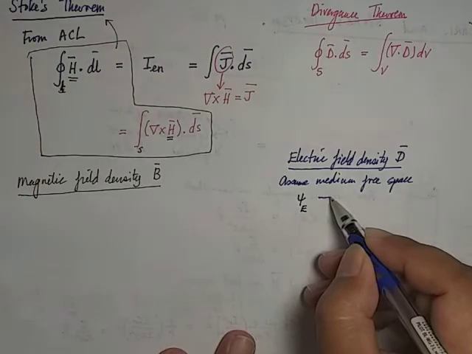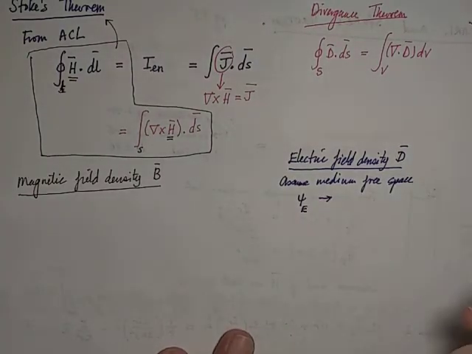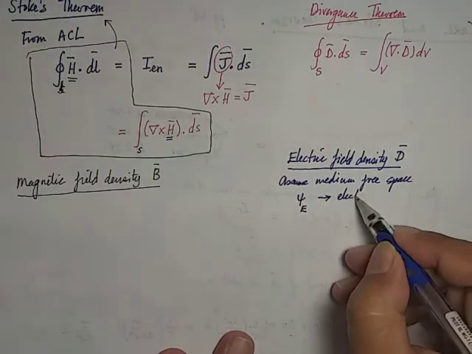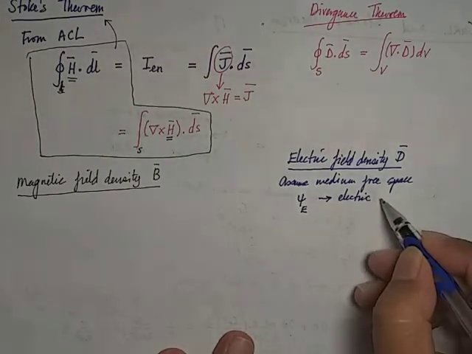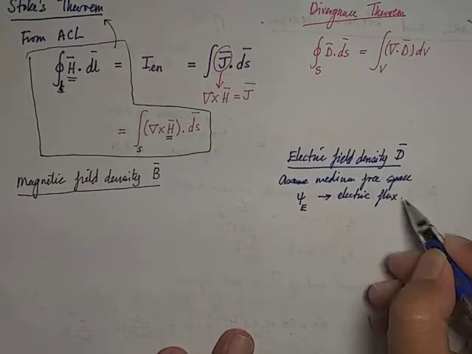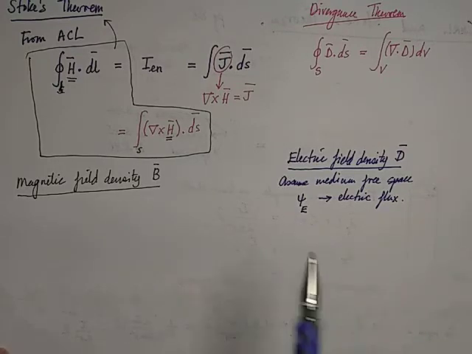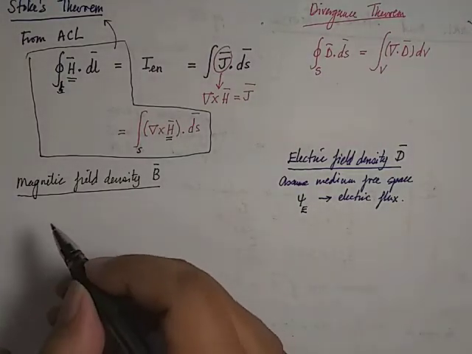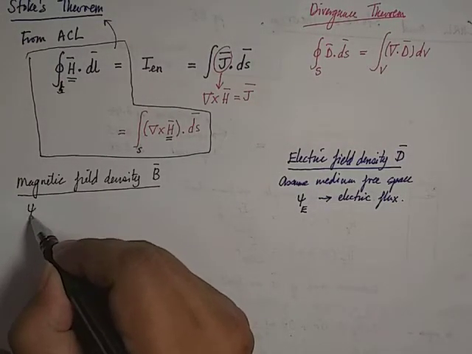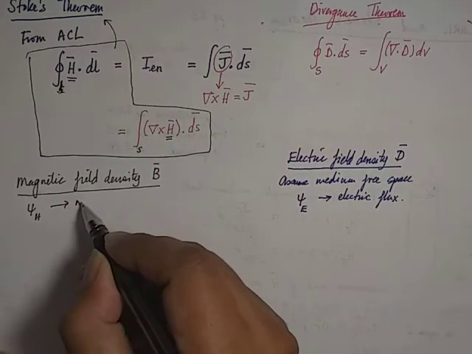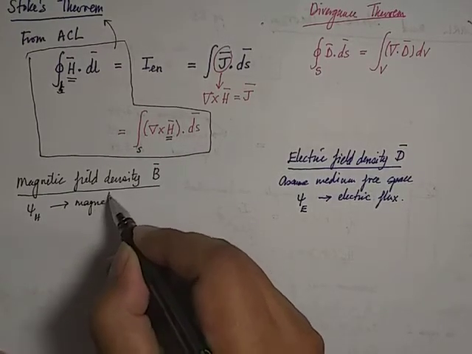Can anyone recall the name of this symbol? Good. Electric flux. Okay, that is the name for this symbol. In the world of magnetic fields, we use the same symbol but with a different subscript. So this is known as magnetic flux.